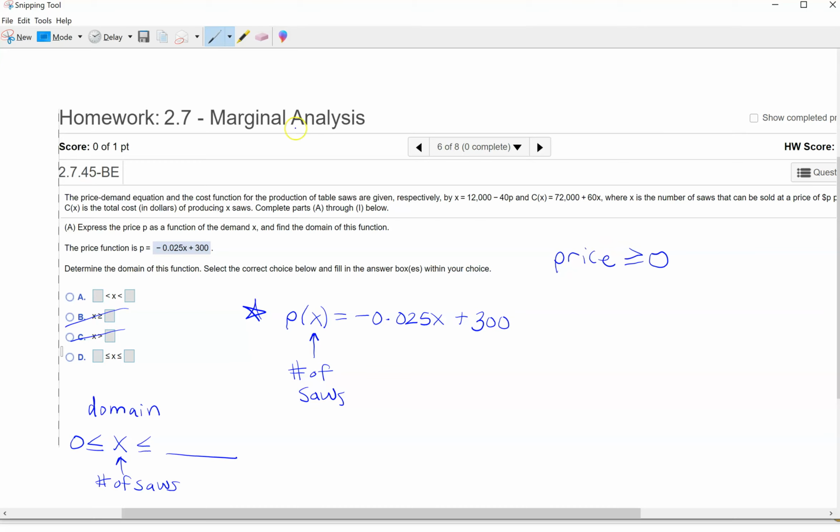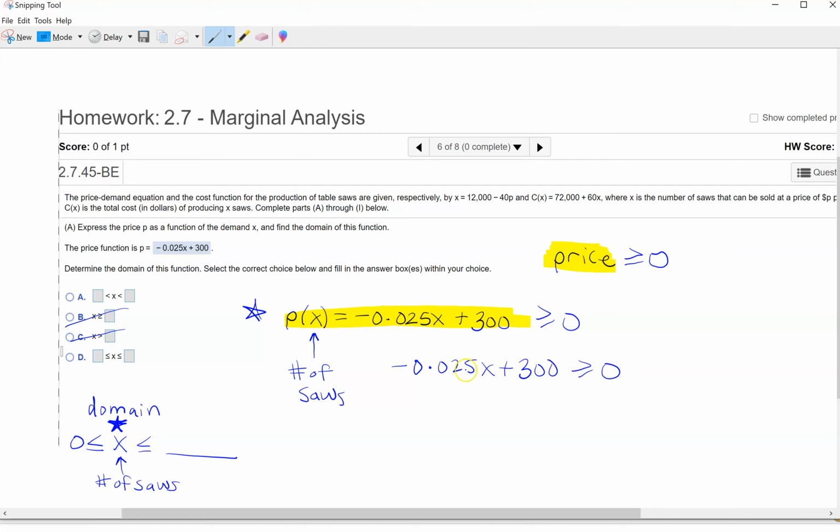So basically what I'm doing is I'm just going to take my price demand function in terms of price, which I have right here, and I'm just going to set that greater than or equal to 0 and solve that inequality. So I'm just taking what P equaled, and notice there's an X in it because I'm trying to restrict my X input in this domain.